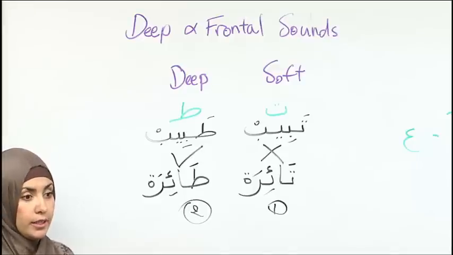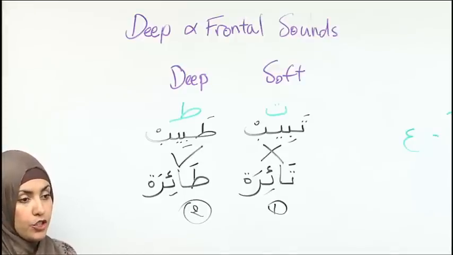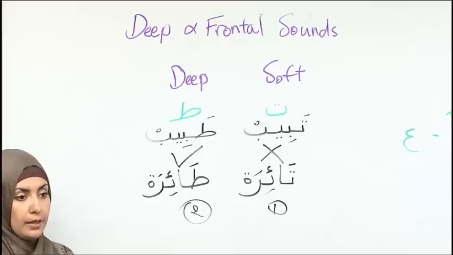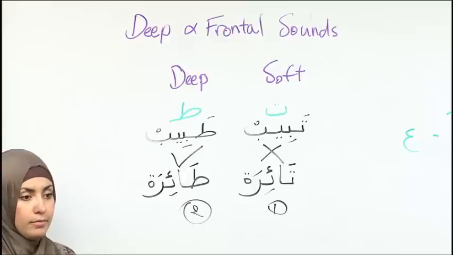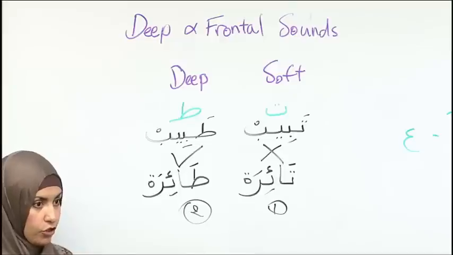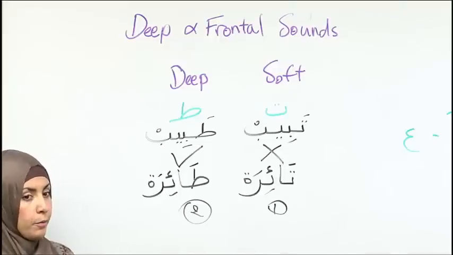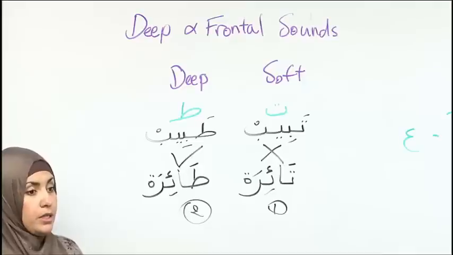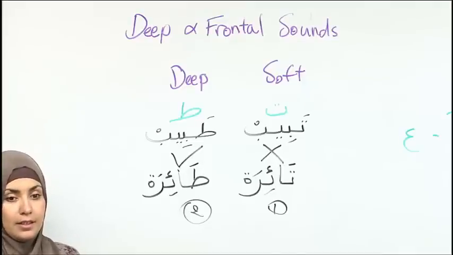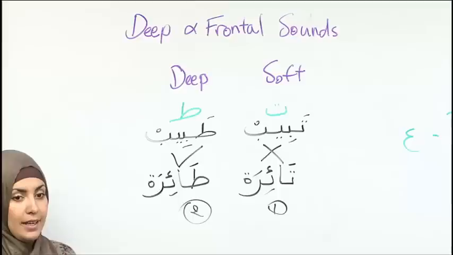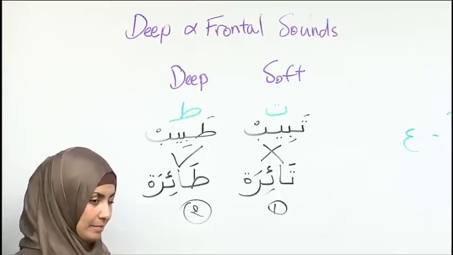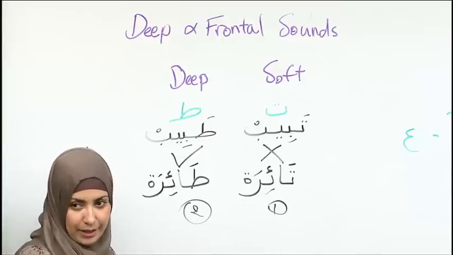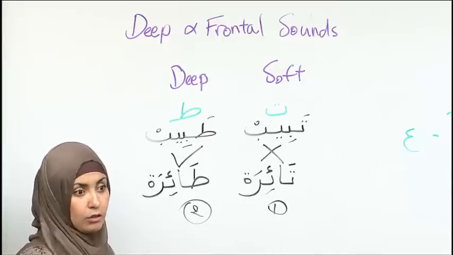Do you all agree? Jamie? Two. Joseph? Two. Correct, it's two. So if I'm going to say the other one with ta, how am I going to pronounce it? Can somebody try? Perfect. Ta'ira. Doesn't sound right. Ta'ira. Airplane.